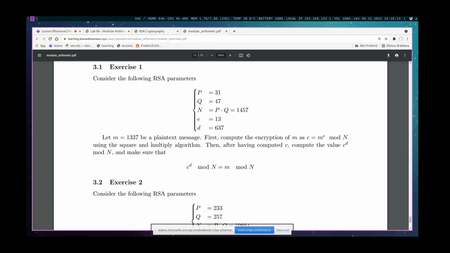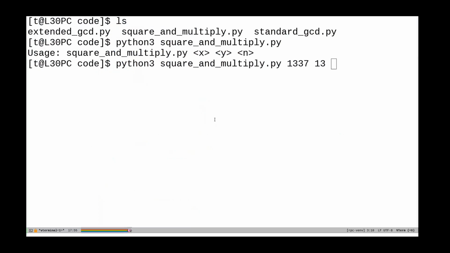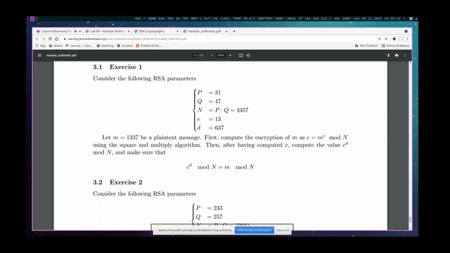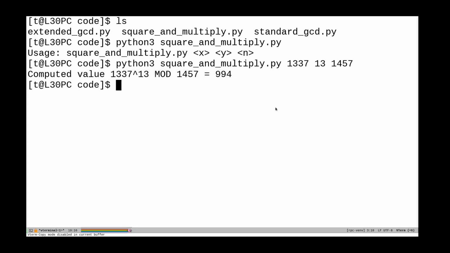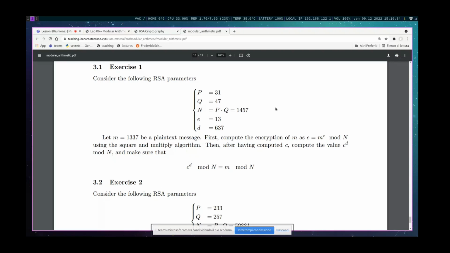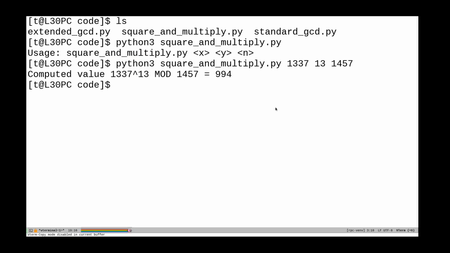The exponent in this configuration is e, which is 13. The modulus is 1457. The exponent is 994, but of course you have to write the algorithm by hand, so you can test if you did it correctly.